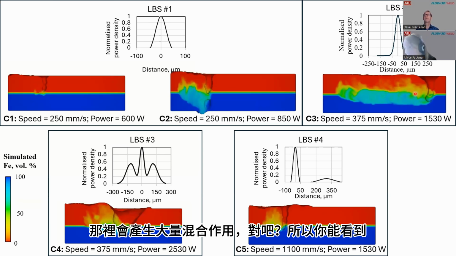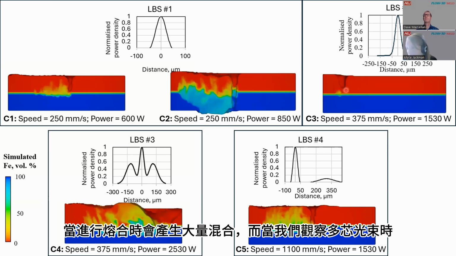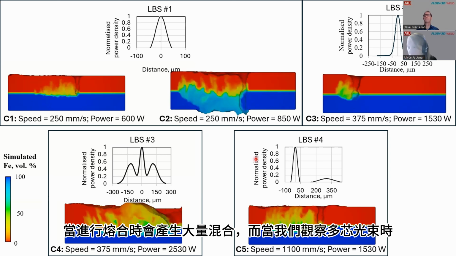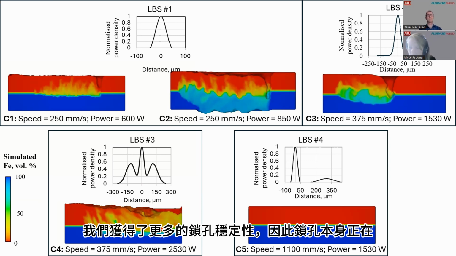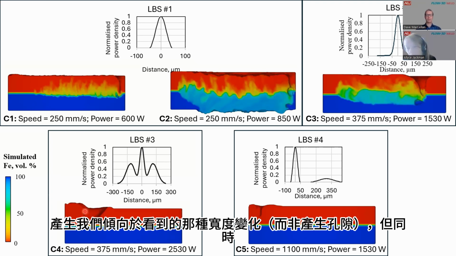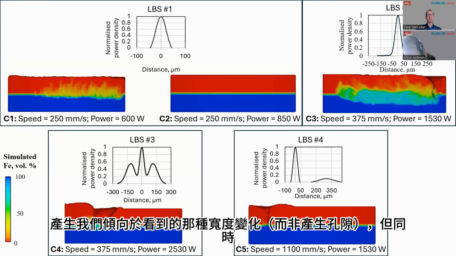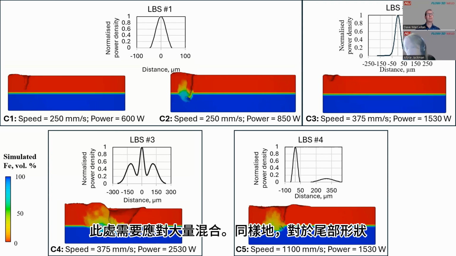Then with the next peak, more narrow Gaussian beam with a higher power, you get a lot of mixing there, right? So you're getting fusion, you're getting a lot of mixing. And then when we look at the multi-core beam, we're getting more of that keyhole stability. So the keyhole itself is actually doing that widening that we tend to like to see in terms of not getting porosity, but then you're contending with a lot of mixing right here.